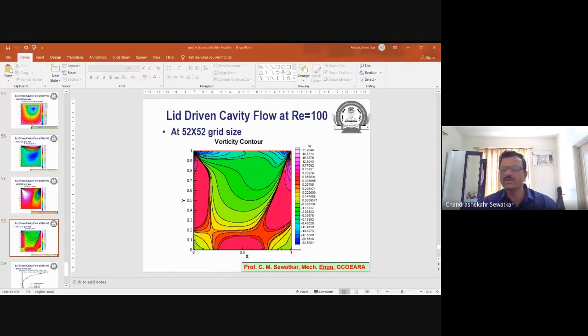Because I have already answered this question a few minutes ago. The corners do not come into the picture in terms of a boundary condition. That's the reason. The boundary conditions of the corner points of the domain are not required, and we don't find out the solution on the boundaries.